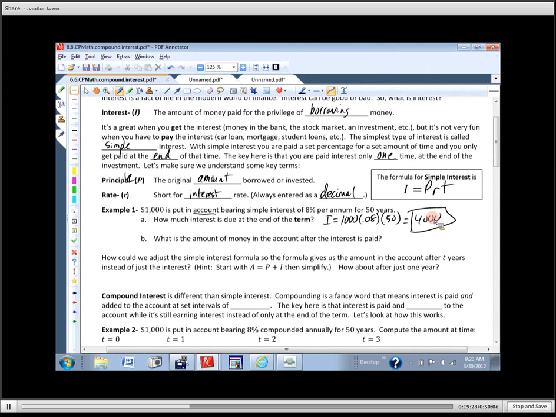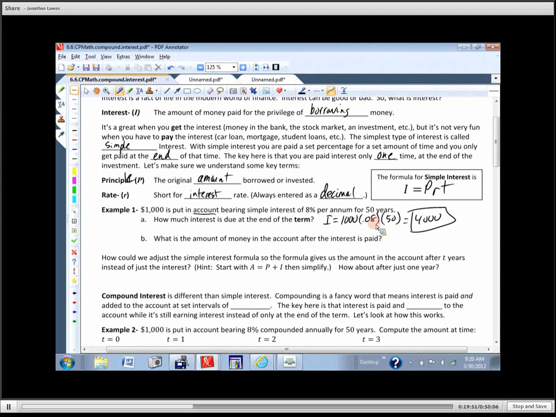So they compute the interest, they do this calculation right here. They say, hey, we owe these people $4,000 for the privilege of borrowing their money for 50 years. So they're going to give you the original $1,000 back plus the $4,000. So altogether, we get $5,000. $4,000 in interest, $1,000 was the original principal.